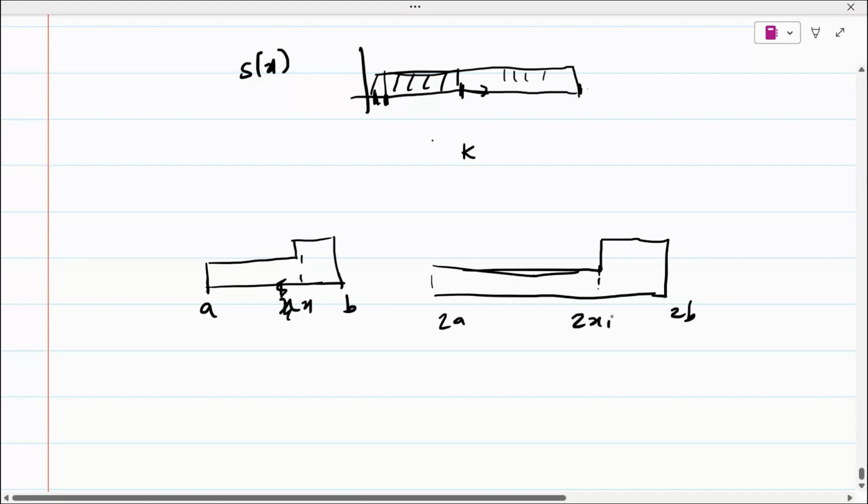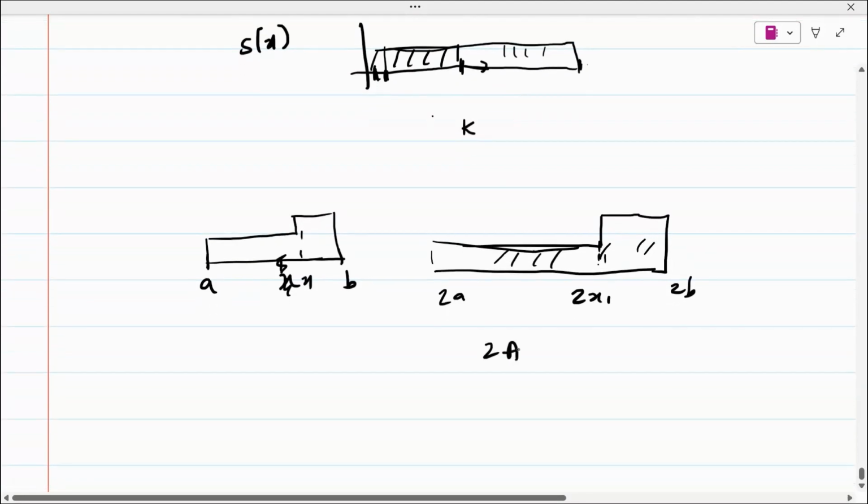This is 2x. So you can clearly see this is twice that. So analytically, you can prove it, and that's more intuitive.